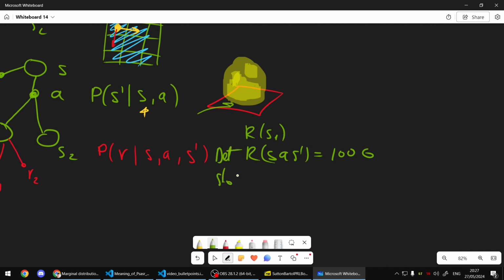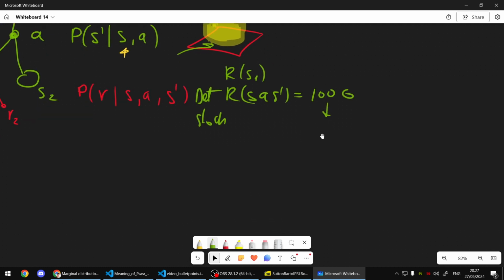In the stochastic case, this will not be a fixed amount of gold, it will be some kind of distribution. It will be a number sampled from a distribution of gold coins, maybe somewhere around 100 golds, but it will be distributed.